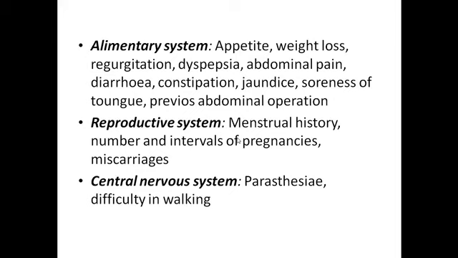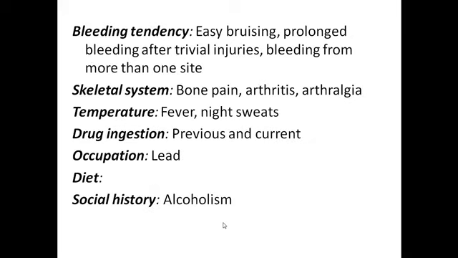Reproductive system: menstrual history, number and interval of pregnancies, miscarriages. Central nervous system: paresthesia, difficulty in walking. Difficulty in walking is associated with B12 deficiency. So whenever we find a patient of anemia having difficulty in walking, we have to think of B12 deficiency.